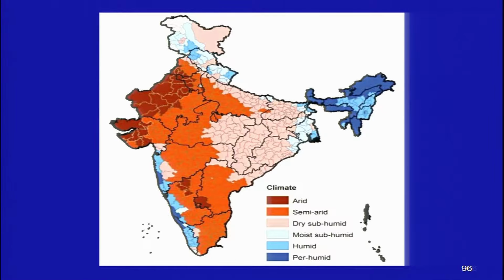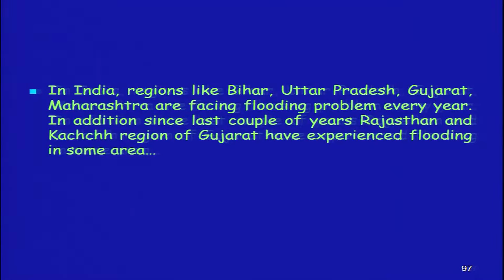They are also experiencing flooding. Now, most of the floods which were experienced in Kutch, that is in Gujarat, and Rajasthan were because of the heavy rain or sudden pouring out of the water in a very short period.